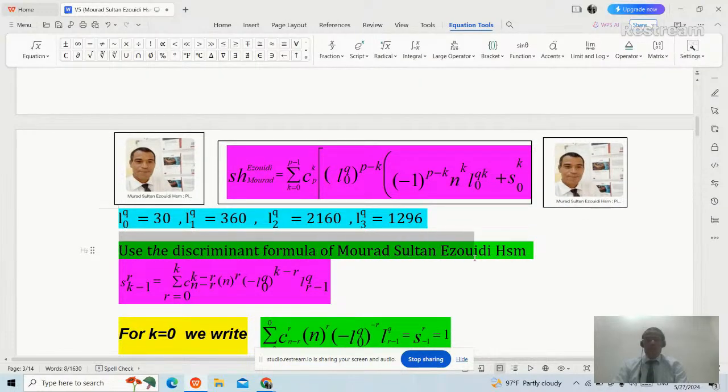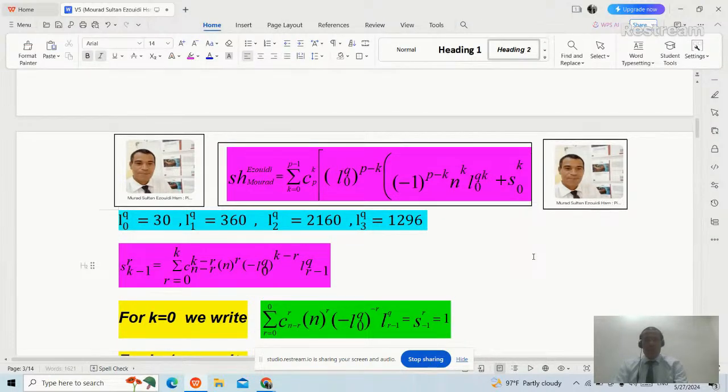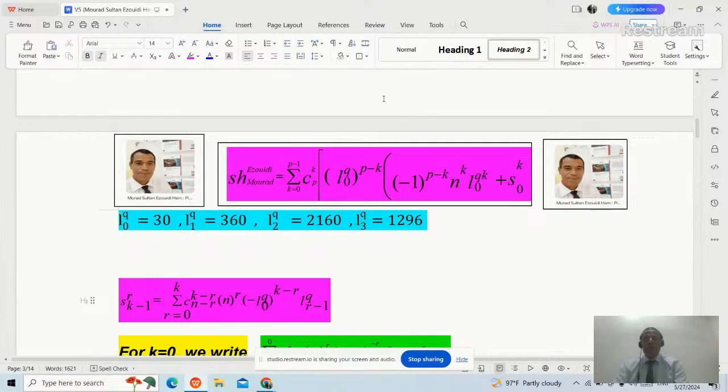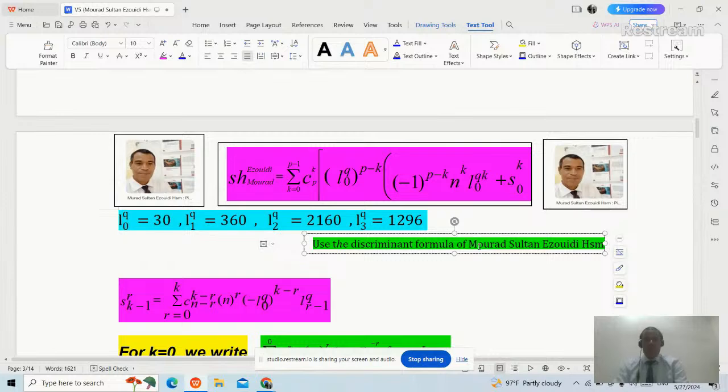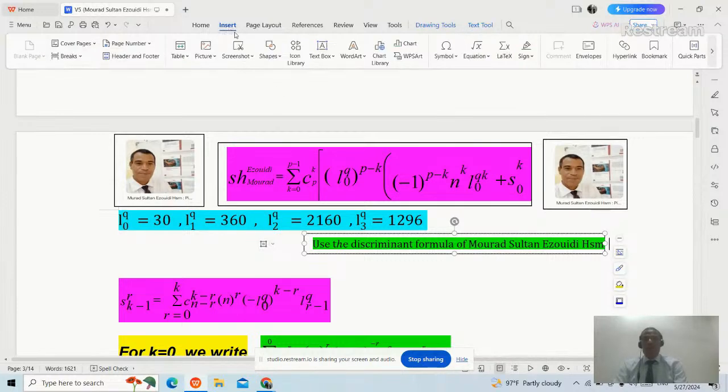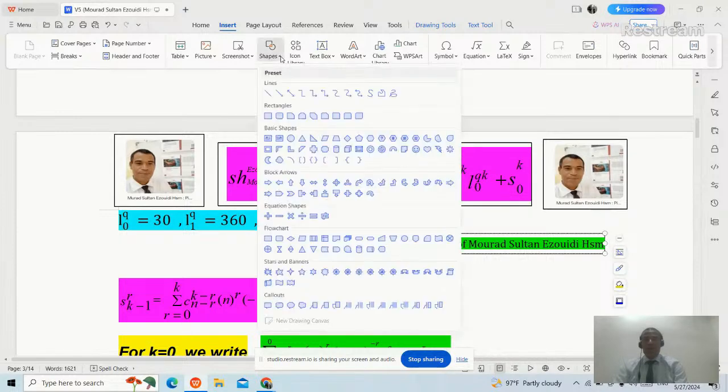In order to use this method, which is called the method of Mourad Sultan Ezouidi, you should practice this many times so that you can find all the SR of ODQ. This is what you learn in the formula of Mourad Sultan Ezouidi. Make sure to be familiar with this formula.